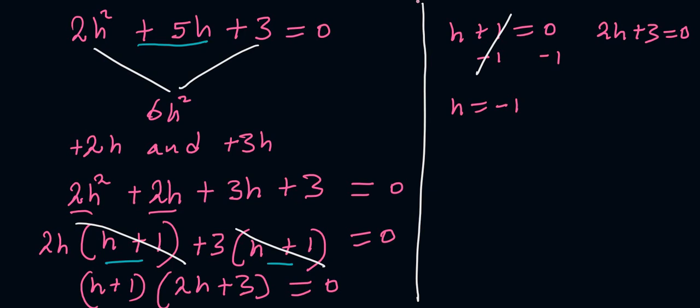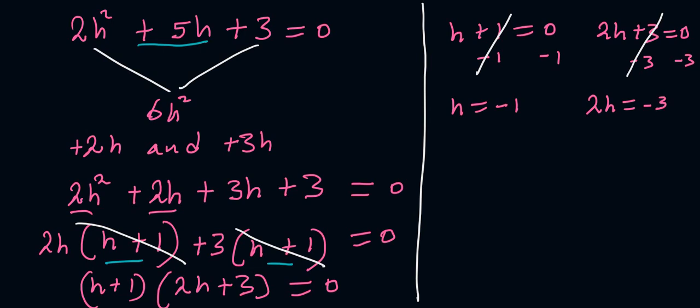Plus 3 minus 3 will cancel out, and now we are left with 2h equals 0 minus 3, and that is going to give us -3.